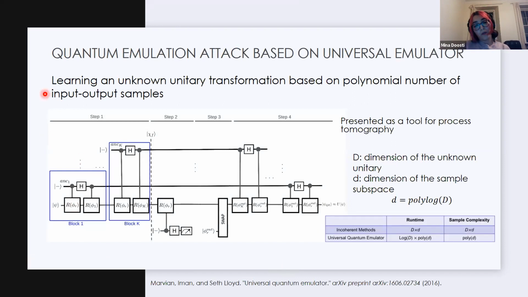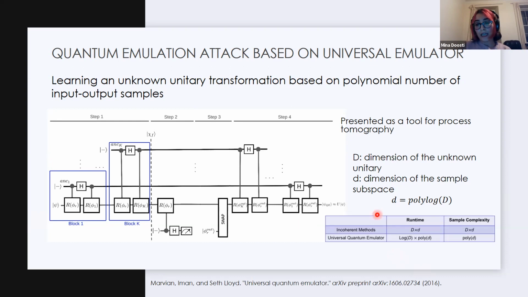So the algorithm that we use in our work to show this type of attack is a specific algorithm called Universal Quantum Emulator, by Marvian and Lloyd. It was initially introduced as a tool for process tomography.